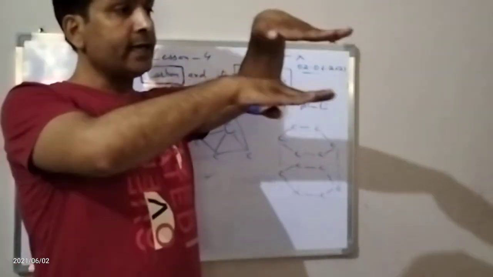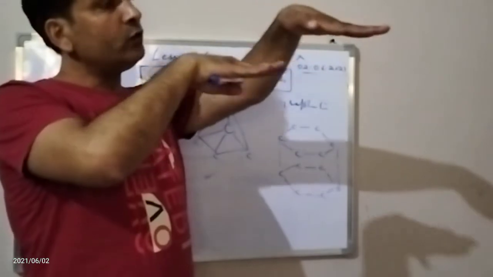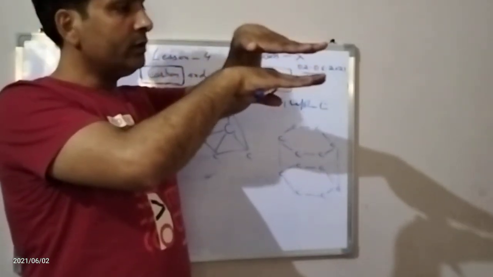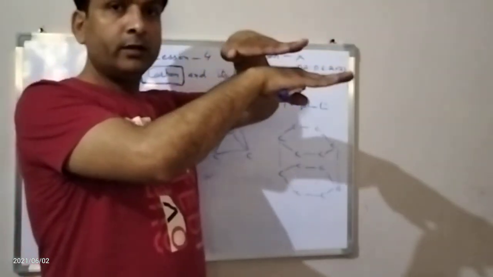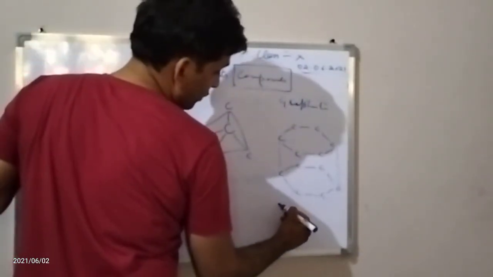These hexagonal rings have weak van der Waals forces between them. These van der Waals forces make the layers slide over each other. Therefore, it is soft as well as slippery to touch.